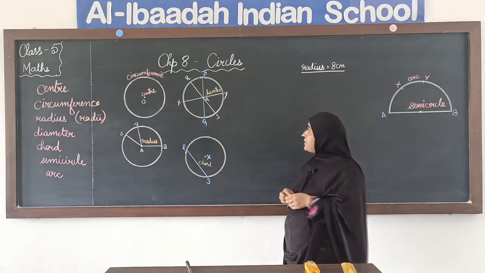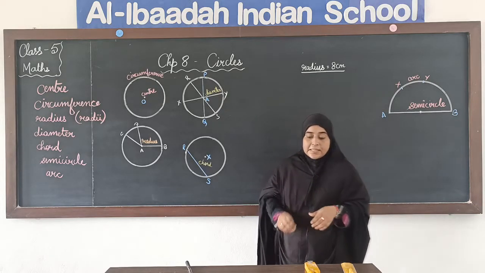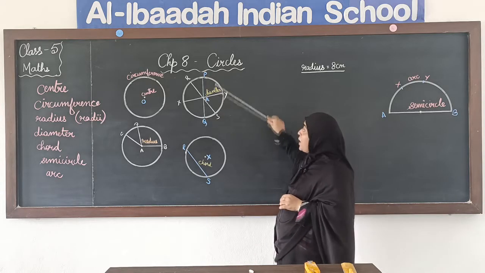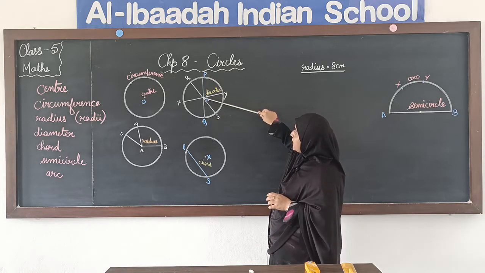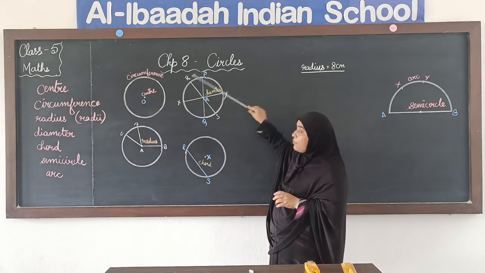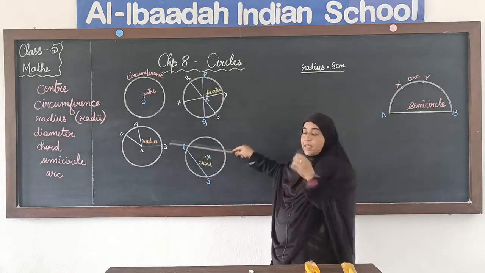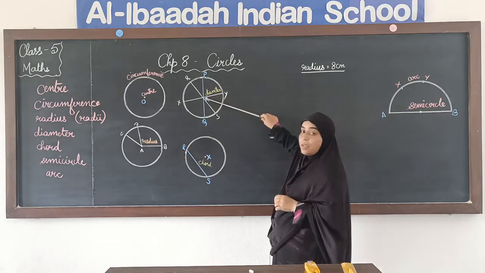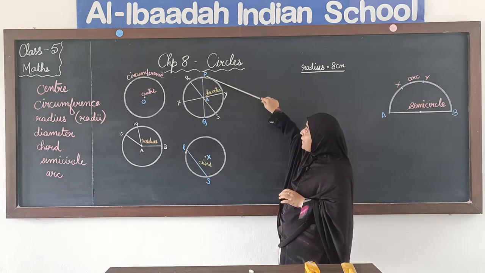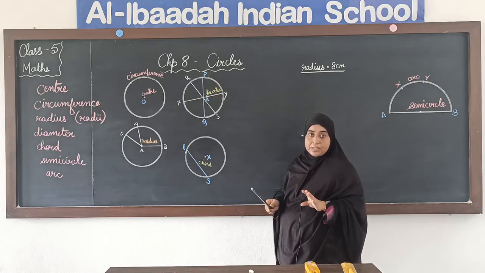Now, if you look at the diameter, you can see that in this diameter PQ, PA from the center to the P, this is one of the radius, isn't it? We have already seen what is a radius. Radius means the line from the center to the circumference. So, AP is one of the radius for the circle.